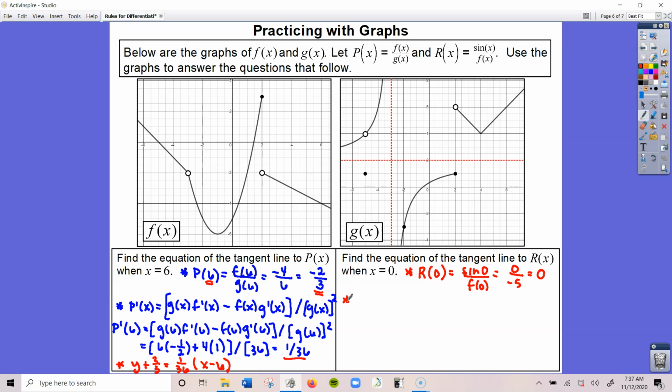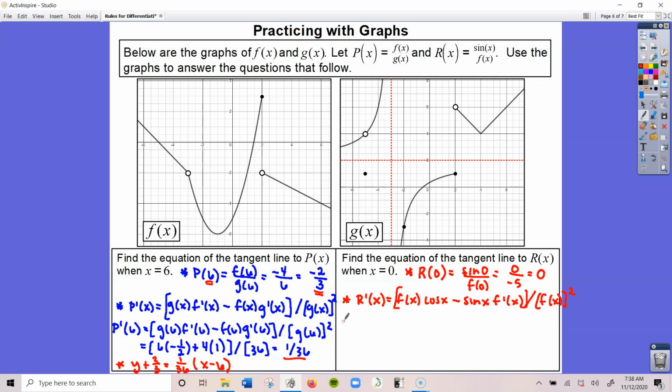Now let's find the derivative for r of x. So I'm looking for r prime. And again, I'm using my function here. So low, f of x, d high, which is cosine x, less high, which is sine x, times d low, which is f prime of x, all over f of x squared.